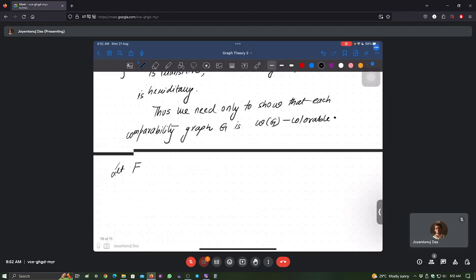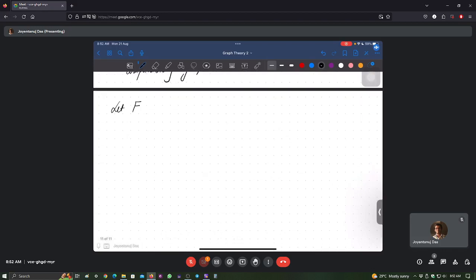So let F be a transitive orientation of G. Note that F has no cycle, right?